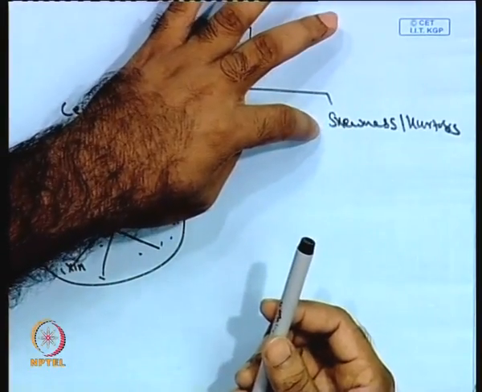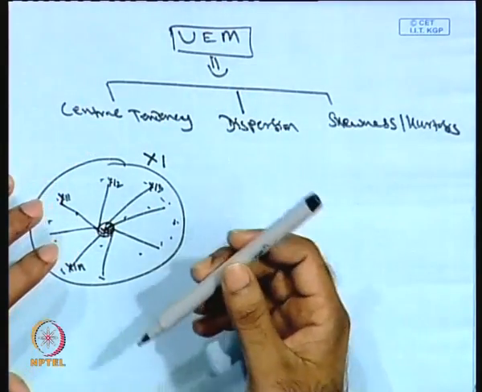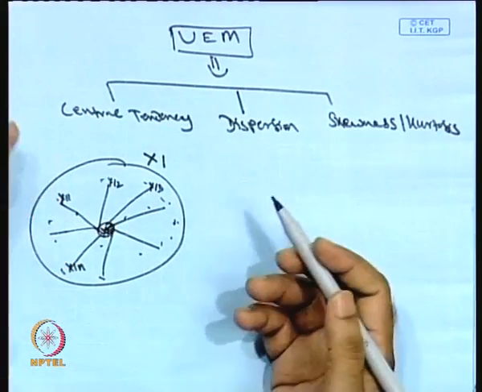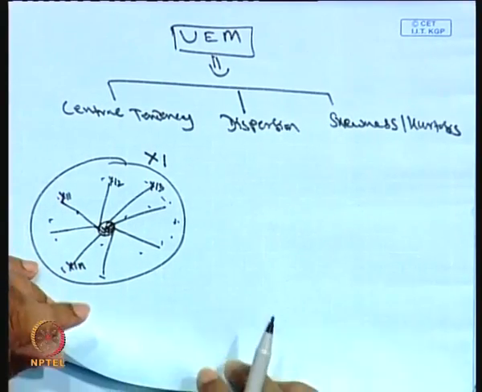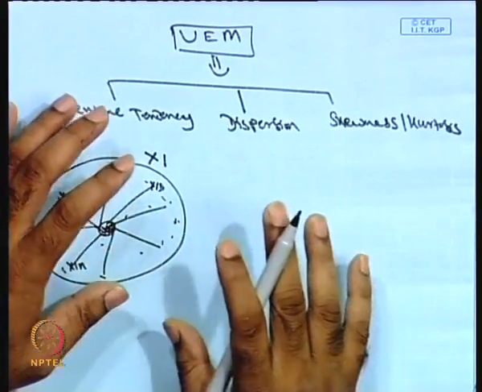So far as kurtosis is concerned, it is the flatness of the distribution, again within the setup of normal distribution. Okay. So, now we have three different structures of univariate modeling. One structure is the central tendency, another is dispersion, and another is skewness. The objective is to find out the single figure which describes the entire issue. The second issue is dispersion, how all other items are distanced from other data points.